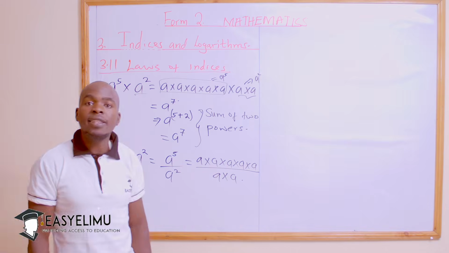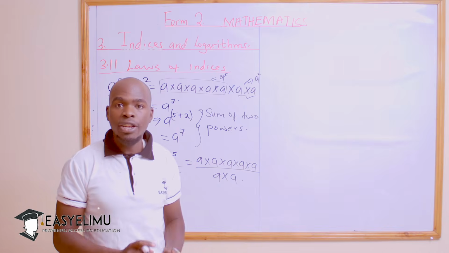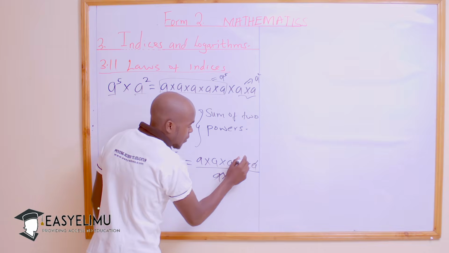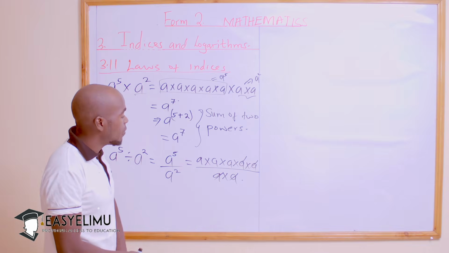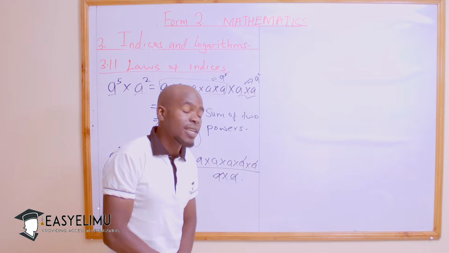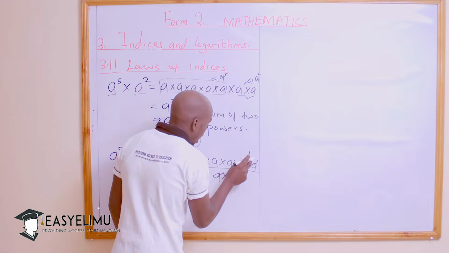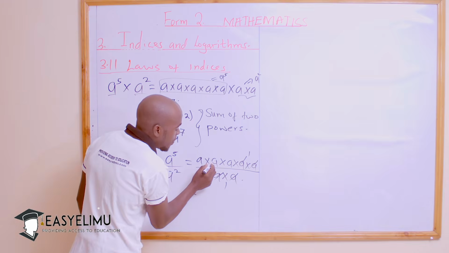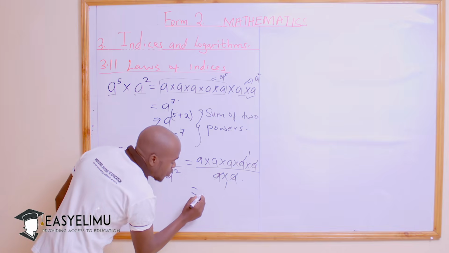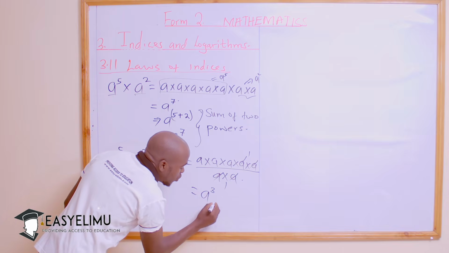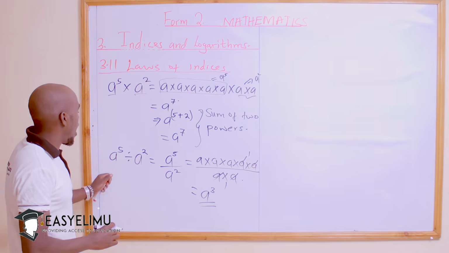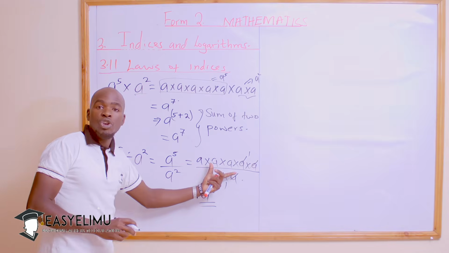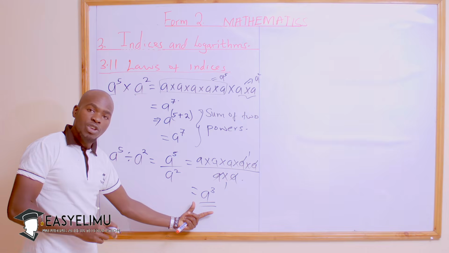Since the items there are identical, we can simplify by cancelling two of them on the numerator against the denominator, getting 1 here, and the remaining will be a multiplied by a multiplied by a, and you will have a cubed. Meaning that if you have a raised to 5 divided by a squared, on simplification you will get a cubed.